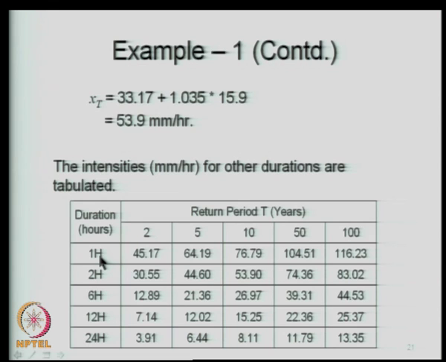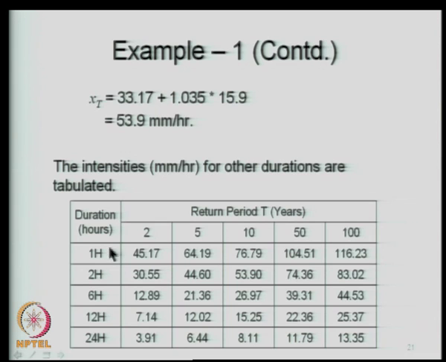How can the rainfall be different? We are talking about the intensities of rainfall that need to be used in hydrologic designs, and these intensities will be different for different return periods. So, for example, 76.79 millimeters per hour occurs once in about 10 years, and this is the interpretation that you should always keep in mind.